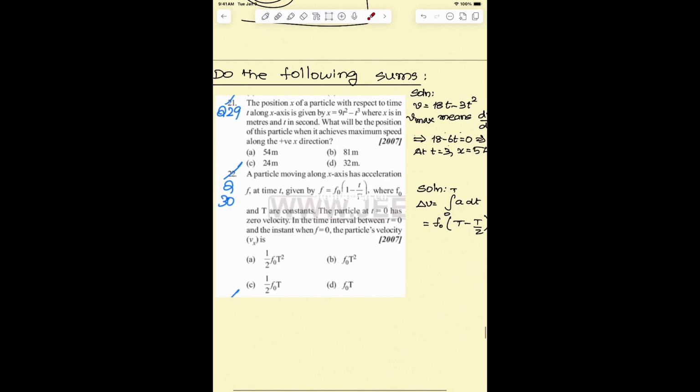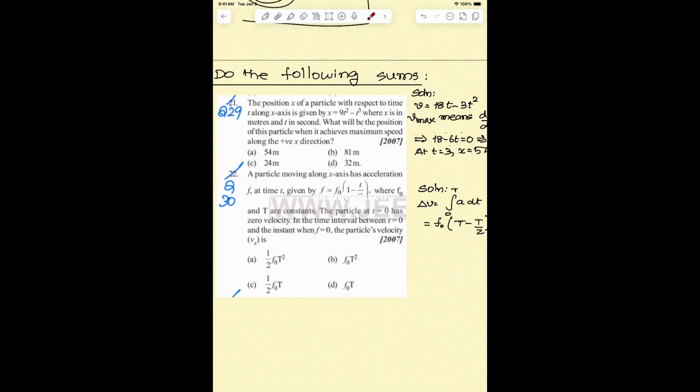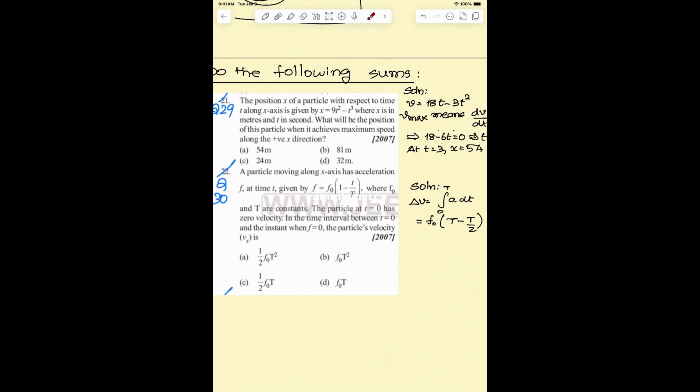Put it back. Okay, now go to the next question, number 30. A particle moving along the x-axis has acceleration f at time t given by f equal to f naught. That is, instead of acceleration a, which is the symbol we use, they have used f. f is equal to f naught into 1 minus t by T, where f naught and T are constants.